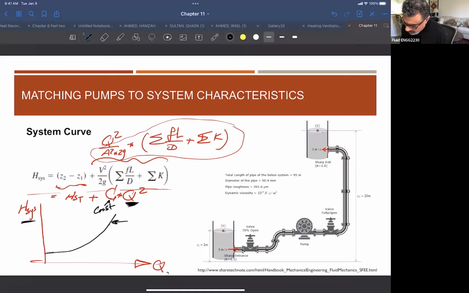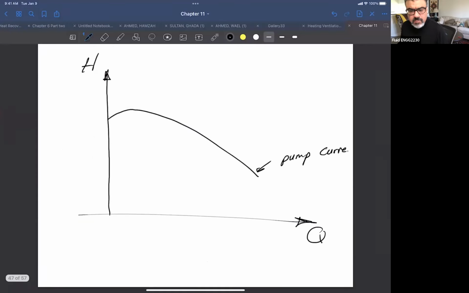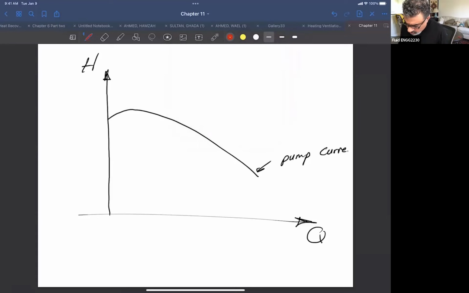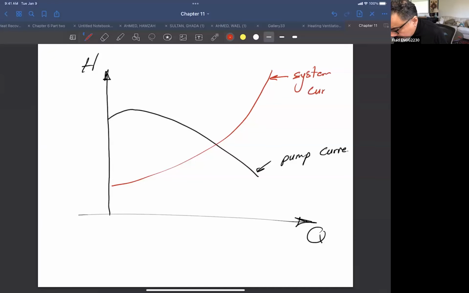Okay. So this is a pump curve that is coming from the manufacturer, and if you draw the relation between H and Q for the system on the same graph, this is a system curve for a certain piping condition and losses and stuff like that.